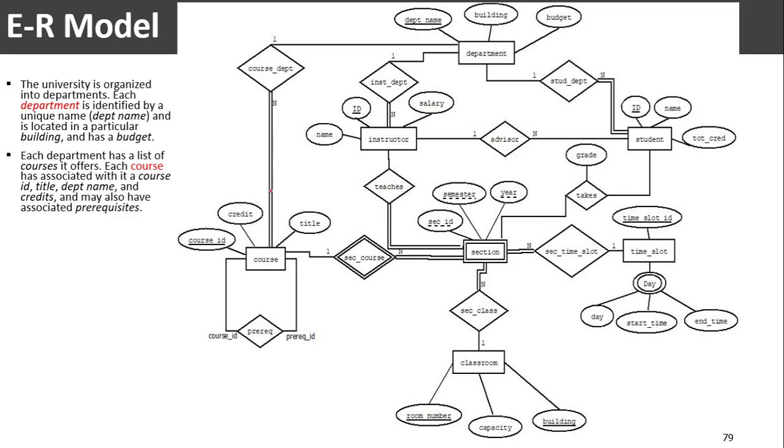It is not possible, and that is why one course is associated or offered by only one department, but one department may have more than one courses offered. So from department to course it is one to many, from course to department it is many to one relationship set. Okay, so this is the cardinality. So we have done with this, we have done with this, and also we have done with this course. Okay.